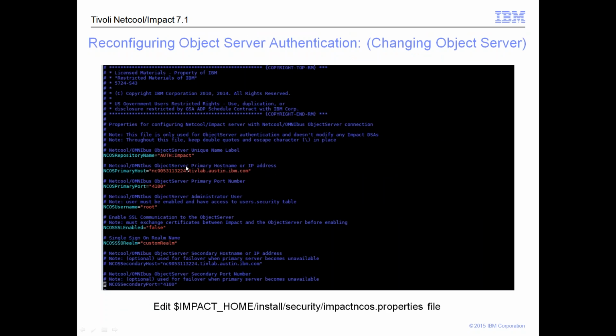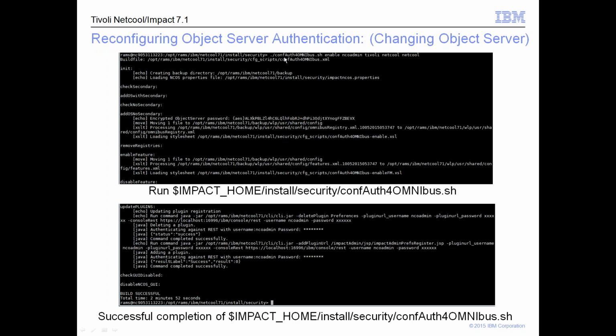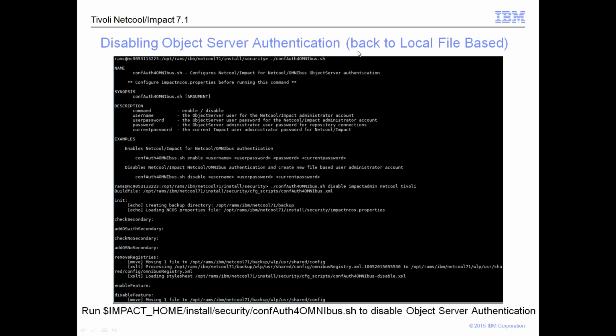Okay, so when I reconfigured my object server to a different object server, NCO admin, I also changed users. That was his password Tivoli. So that's where that comes into play here when I'm going back to local file base.